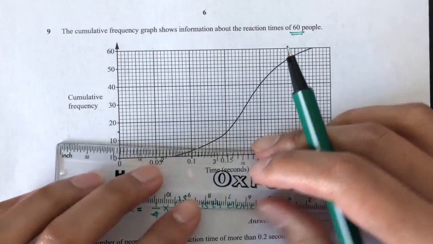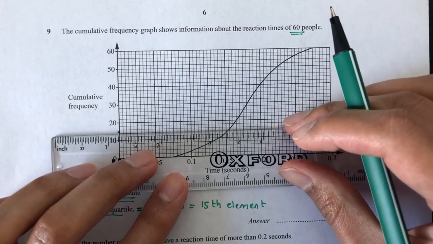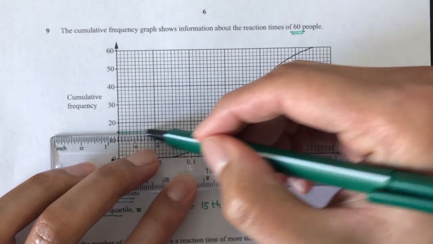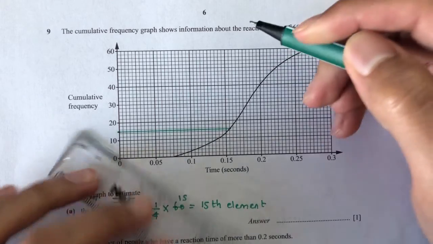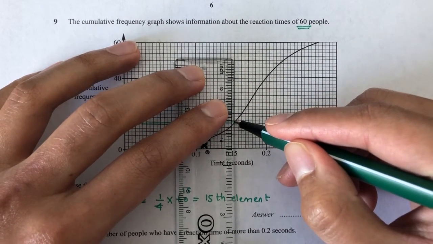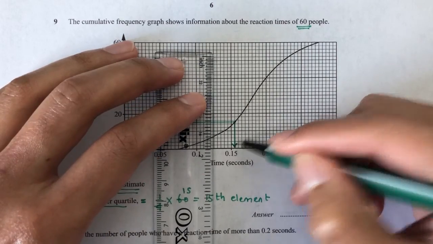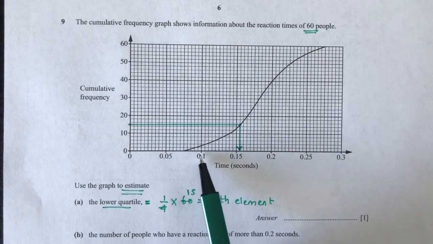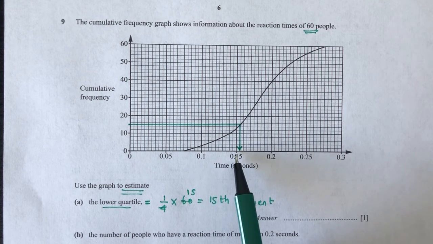So let's draw a straight line until we cut the graph. Okay, so here we go. That's the graph, and then see where it falls on the reaction time. So the lower quartile will be at, so this is 0.15. What is 1 square?